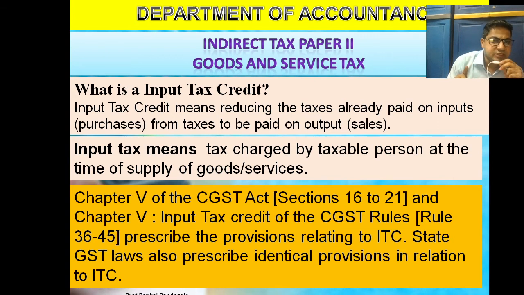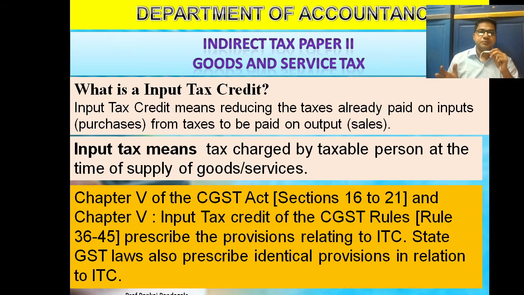Now Chapter 5 of the CGST Act, Section 16 to Section 21, and Chapter 5 Input Tax Credit of the CGST Rules, Rule 36 to 45, prescribe the provisions relating to input tax credit. State GST laws also prescribe identical provisions in relation to input tax credit.